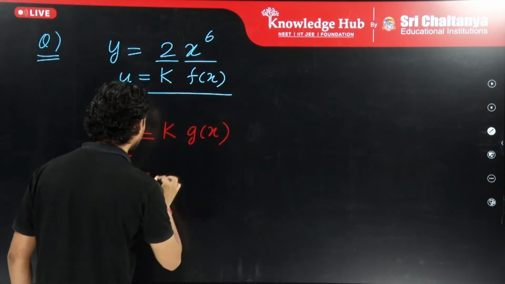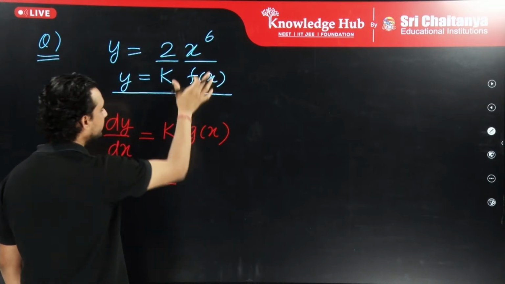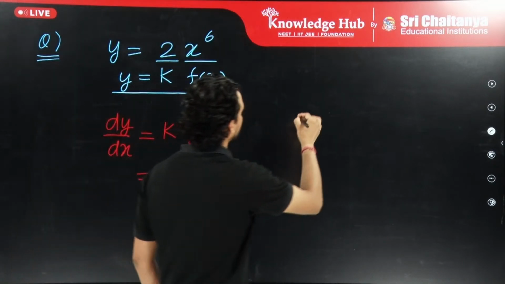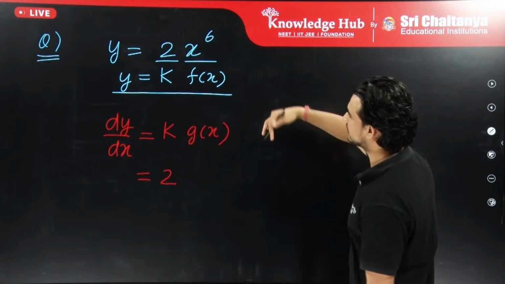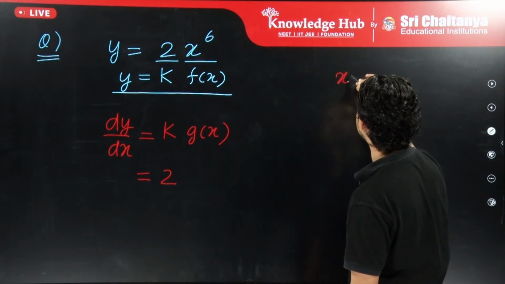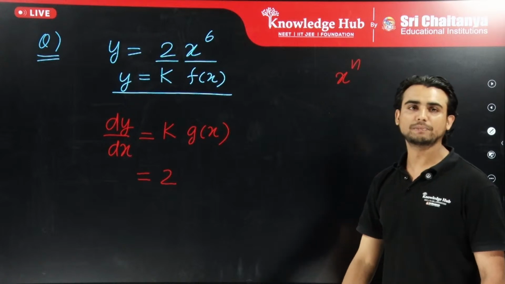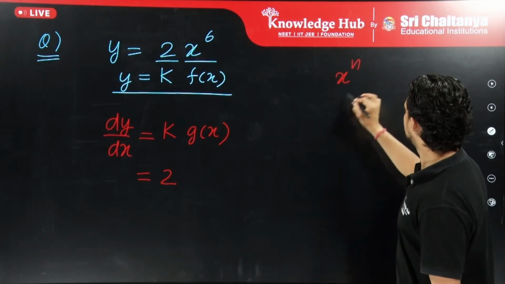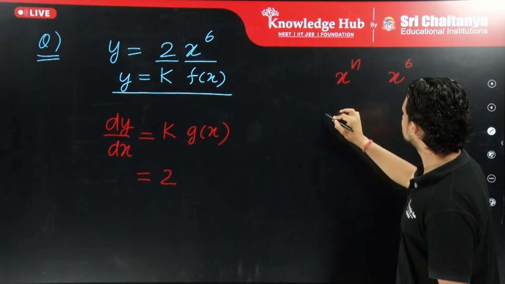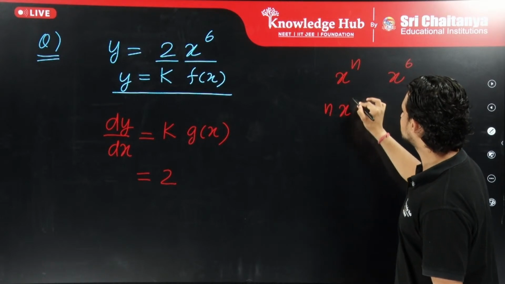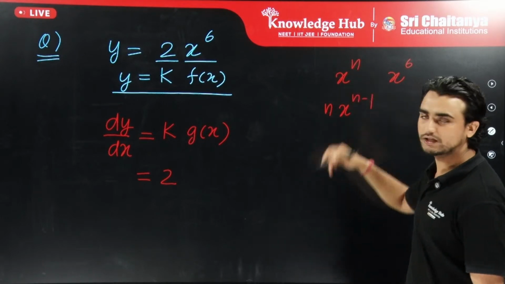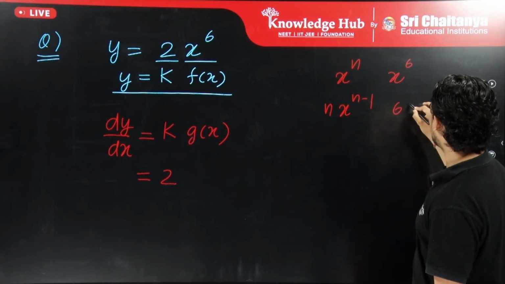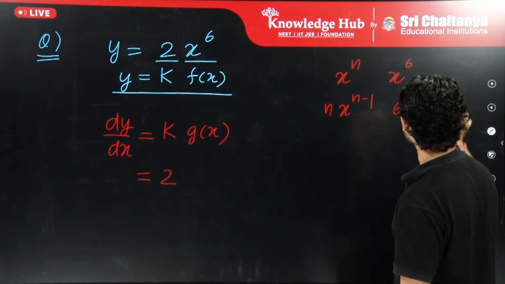Now, what is k? k is 2, and we need the differentiation of x raised to 6. What formula do I use? I use the differentiation of x raised to n, the power formula. n comes forward, and I write x raised to n minus 1, subtracting a 1. So 6 comes forward, x raised to 6 minus 1.